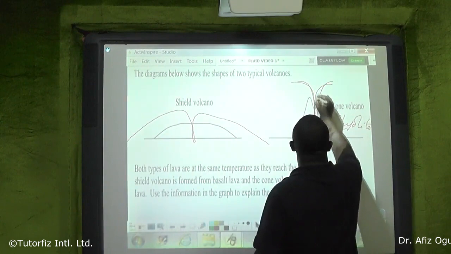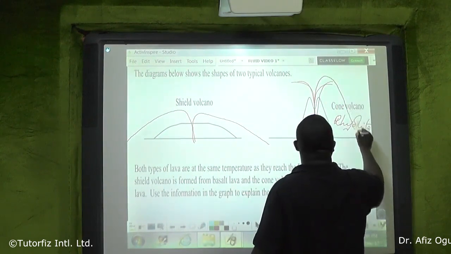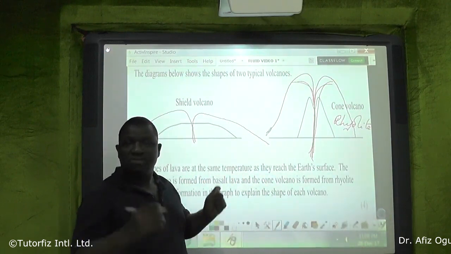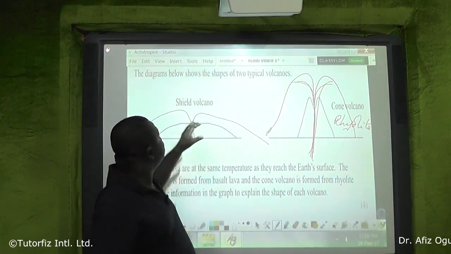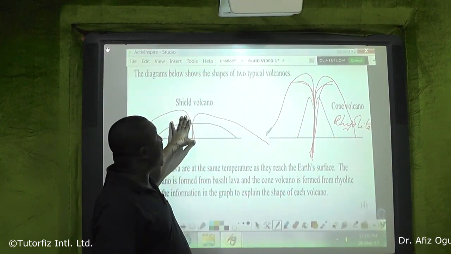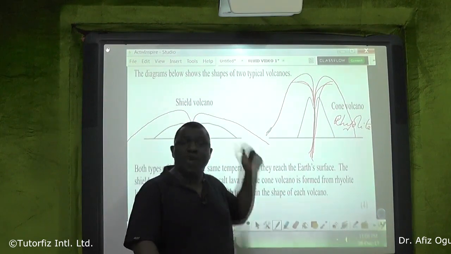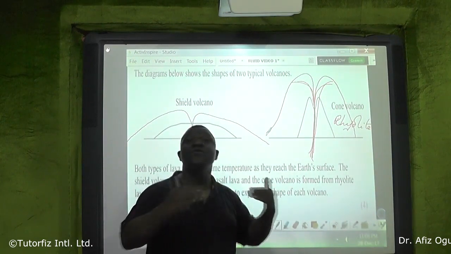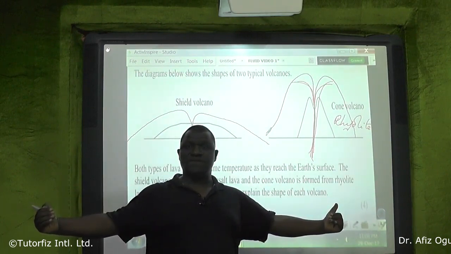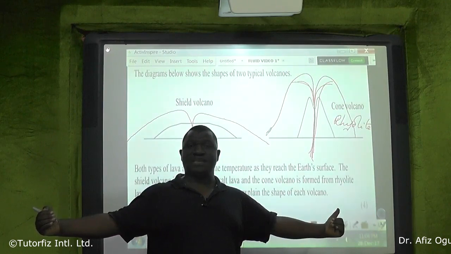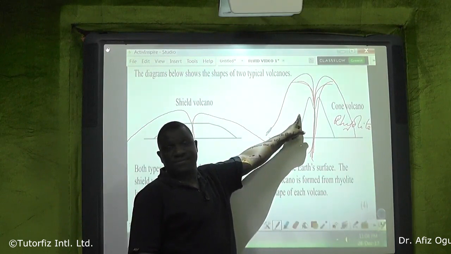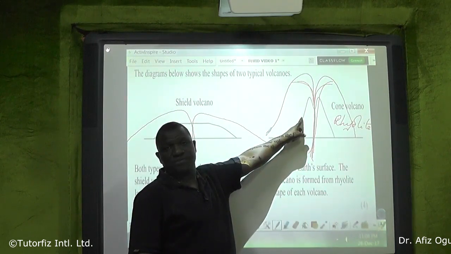This one, as it solidifies, cannot flow too much because it's more viscous at that outside temperature. They are the same temperature, but just before they solidify, because this lava has lower viscosity, the flow rate is higher, so it flows a longer distance and spreads out more than this, because this is more viscous.